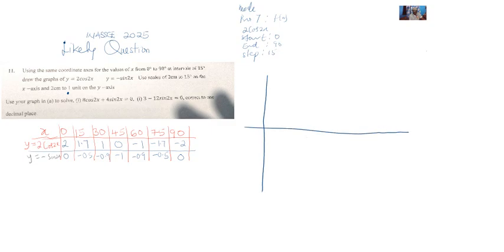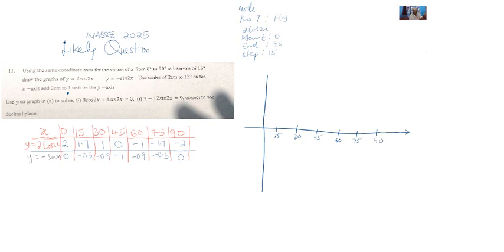So you have these values. So I have the first one to be 15, 30, 45, 60, 75, 90. So I have this.